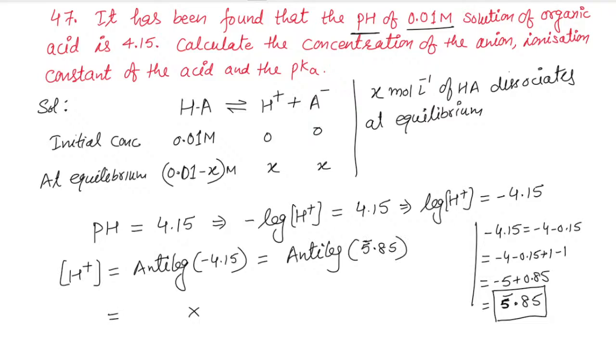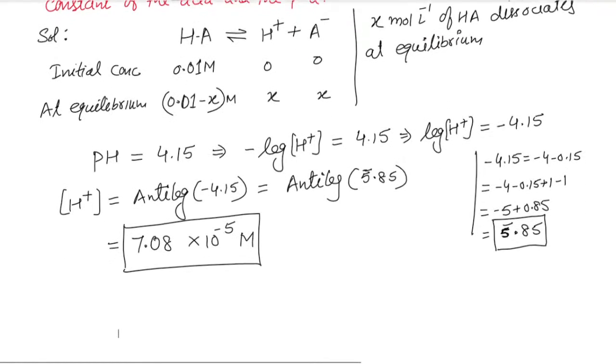So it is into 10 raised to power minus 5 and anti-log of 0.85. So it is 7.08. So this is the concentration of H plus ions, and the same is the concentration of anion.